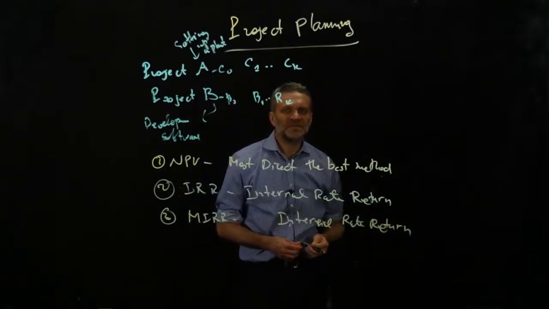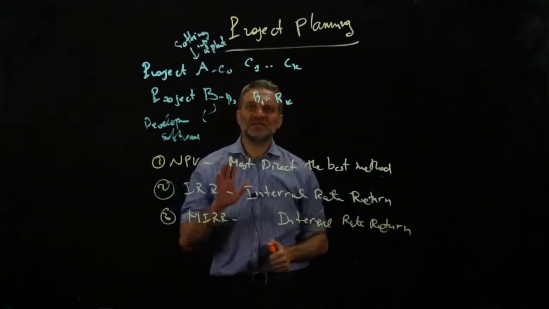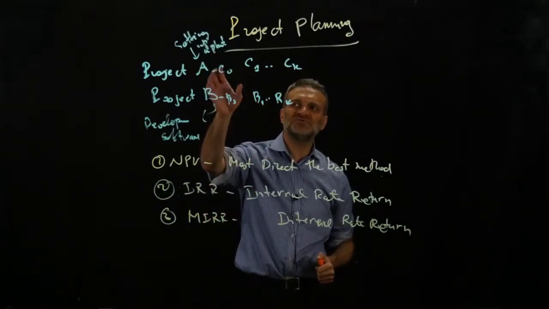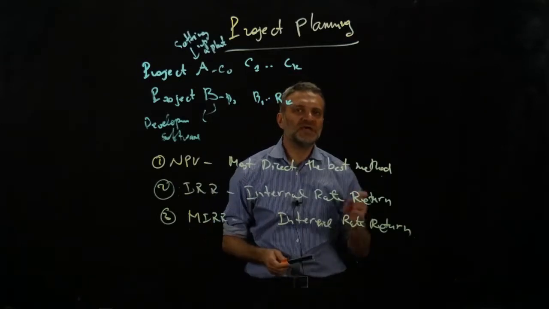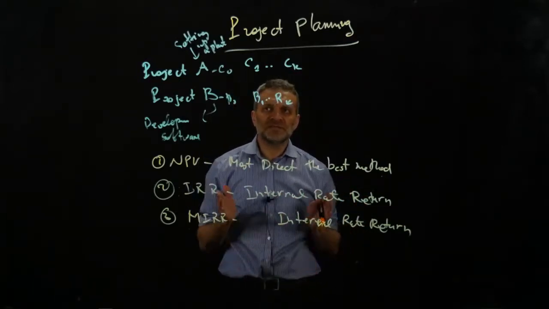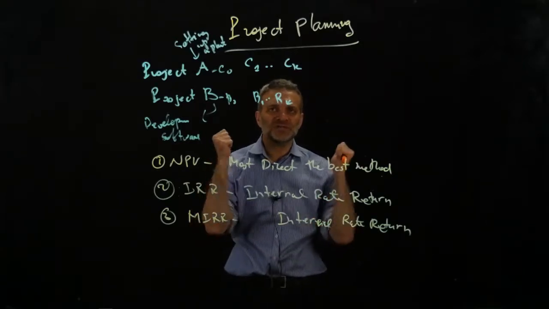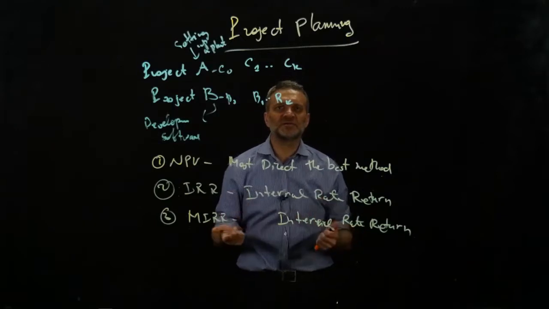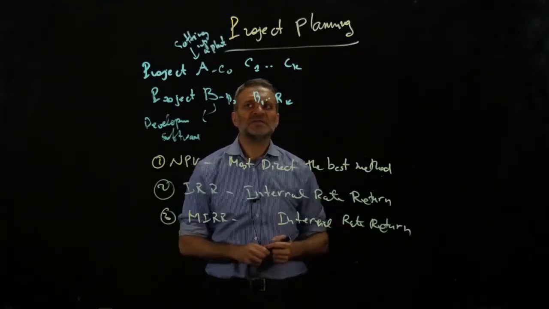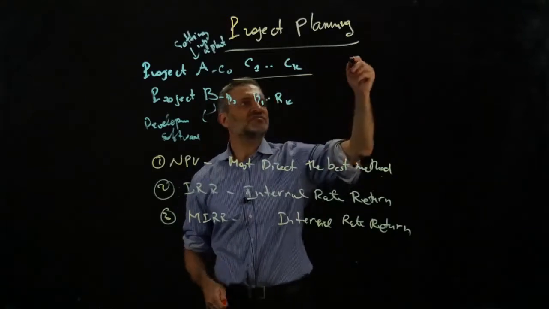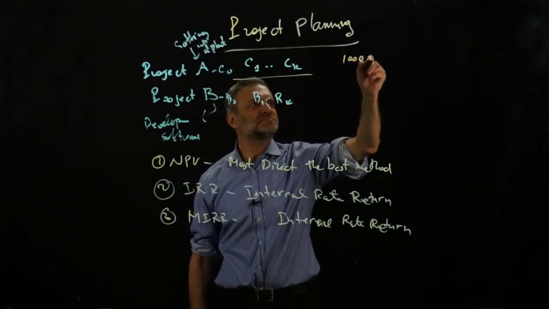Now, what is the NPV? The idea of the NPV is very, very simple. What you want to do is to value the project today. The NPV says, let's assume that you want to sell this project to somebody, what is the price that this person is going to give you? So let's say the price for these cash flows, with this initial investment, will be $1,000.